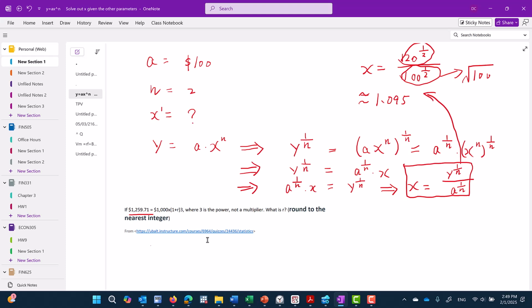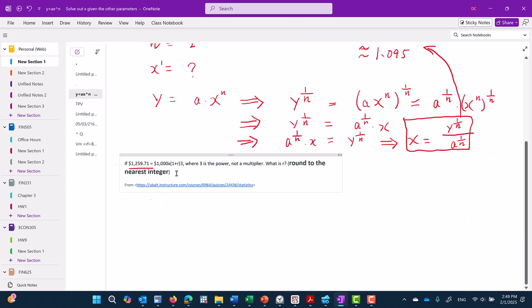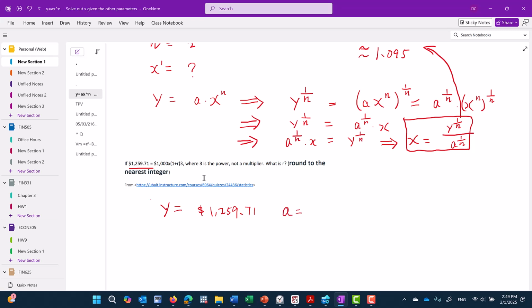So basically, using the terminology we used above, we can say that in this equation, y equals 1,259.71, and a equals 1,000.